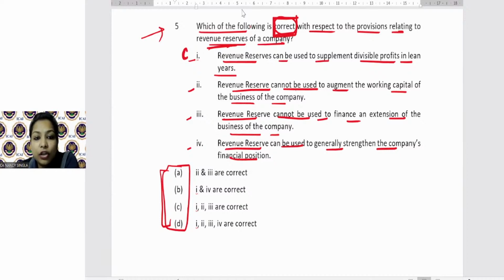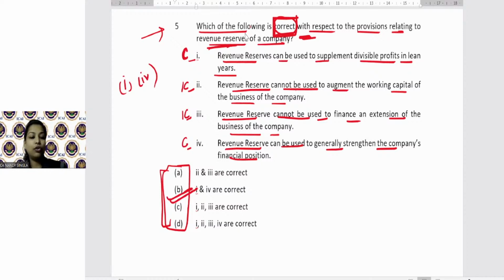Revenue reserve cannot be used to augment the working capital of the business of the company, which is incorrect. Revenue reserve cannot be used to finance an extension of the business of the company, which is again incorrect. Revenue reserve can be used to generally strengthen the company's financial position, which is correct. So correct is asked here, so first and fourth. Now see where this option is. So this is the B point.